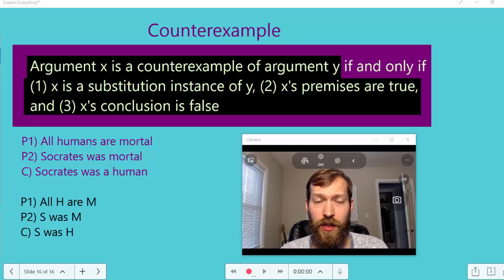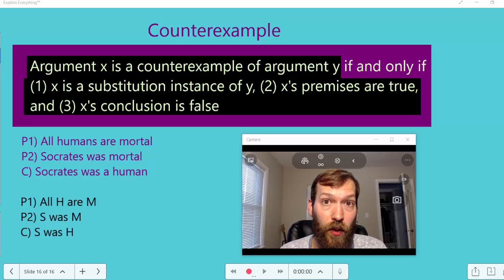Now, since we use counterexamples to show that arguments are formally invalid, what condition 1 does for us is it keeps the very same form or structure. So now we know that we have an invalid argument because of conditions 2 and 3 being fulfilled, and that violates our definition of validity.